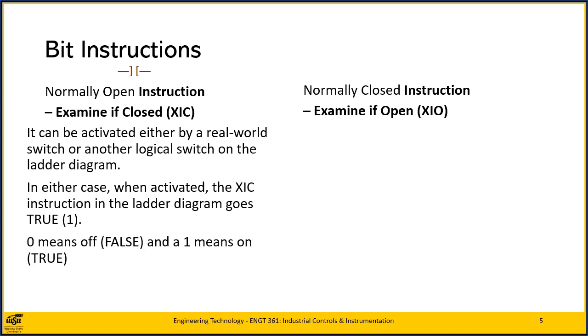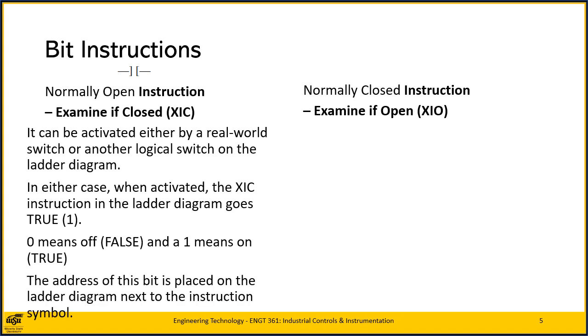The state of the examine if closed instruction is maintained by a particular bit in memory, where a 0 means off, false, and a 1 means true. The address bit of this bit is placed on the ladder diagram next to the instruction symbol.